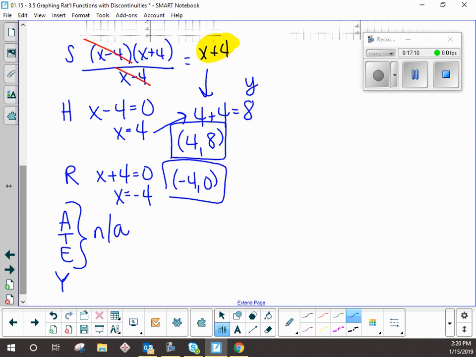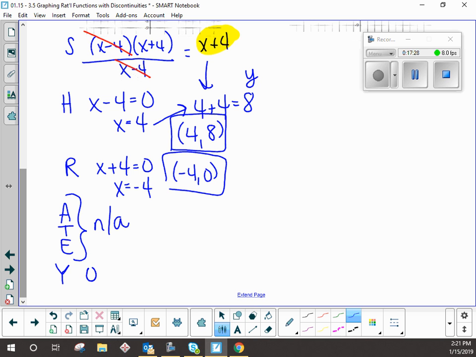And y works the same. It's for the y-intercept. What do we plug in 0 for here? X. Into the simplified, right? Because once we simplify, this is now my function that I'm graphing. So when I go to find a point on there, I use that highlighted part. So I'm going to put 0 in for x. That gives me 4. So when x is 0, y is 4.